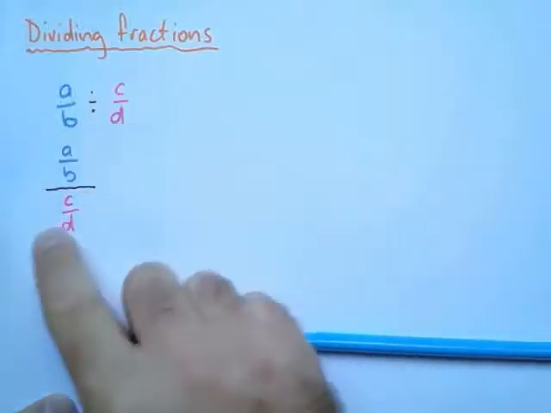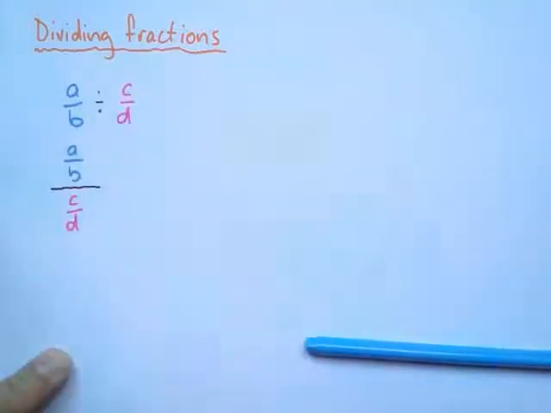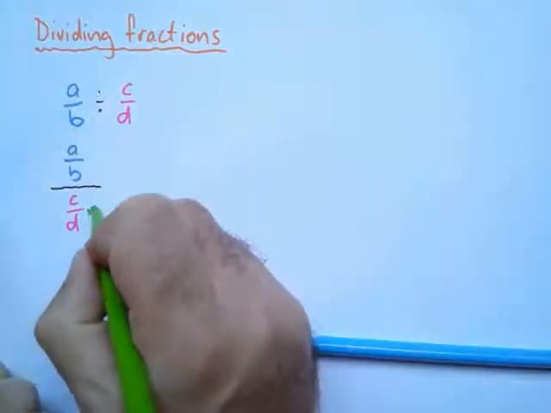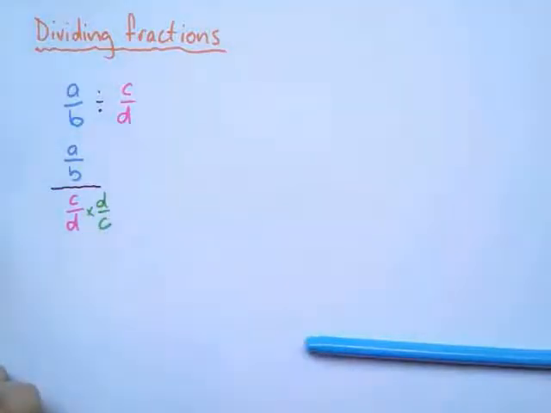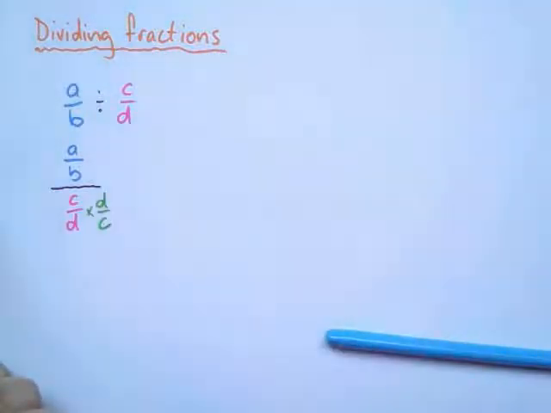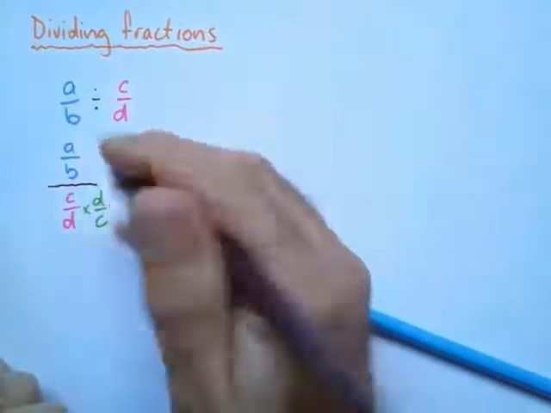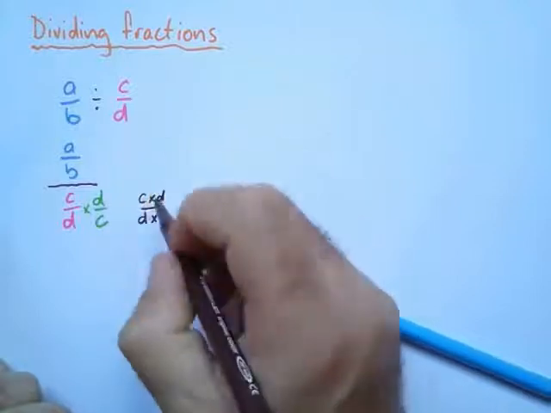So what I'm going to do is, in this case, for this big fraction, A over B is my numerator, C over D is my denominator. I'm going to multiply C over D with its reciprocal, which means D over C. Because now I will have C times D over D times C, and look what happens.